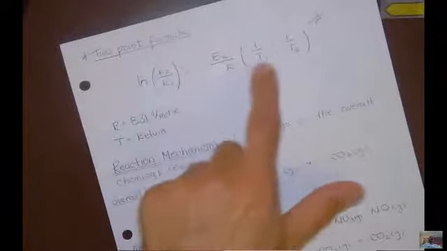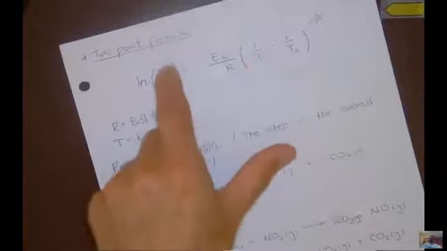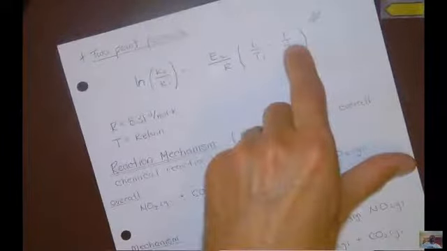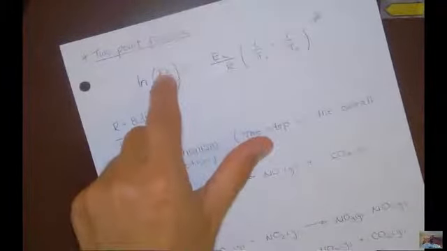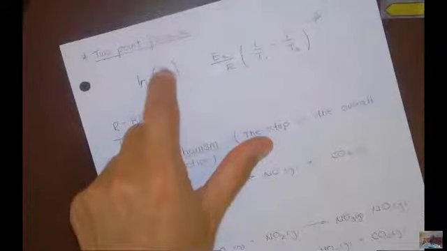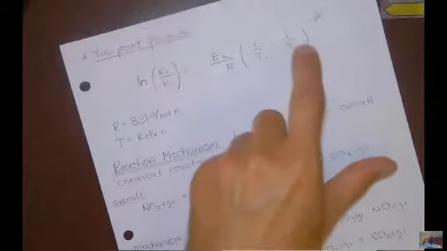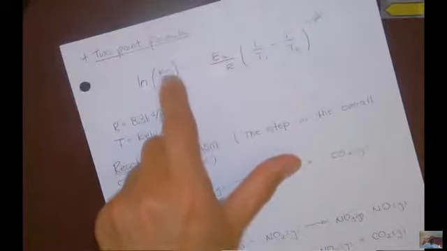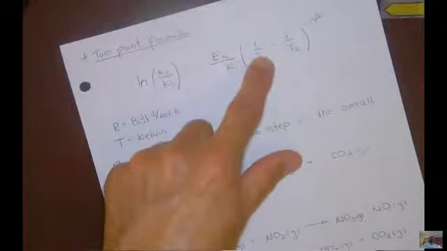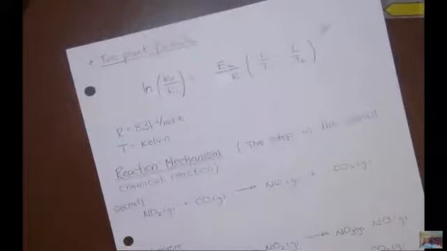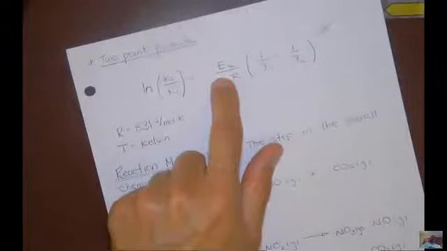Just be careful to associate this K with this temperature, this K with this temperature. Honestly, in 100% of the cases, the K is going to be larger with the larger temperature. So the 2's are going to be the higher ones. The 1's are going to be the lower ones. And you don't have to worry about a 2.3.